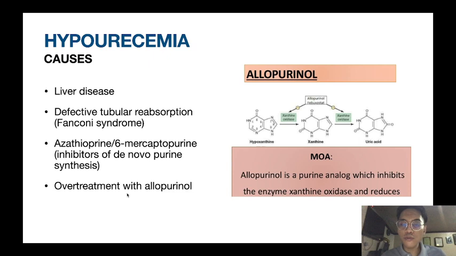So when there is overtreatment with allopurinol, so sobra-sobra ang allopurinol, masyado nang nasa stop ang xanthine oxidase. So there will be no production of uric acid. You will have hypouricemia. Okay, gets guys?